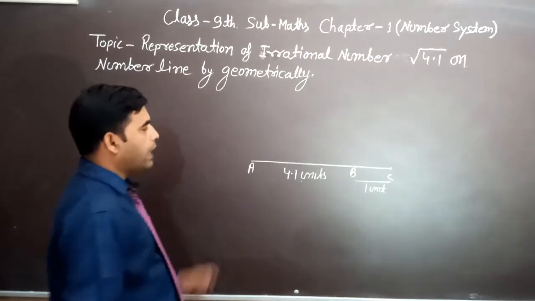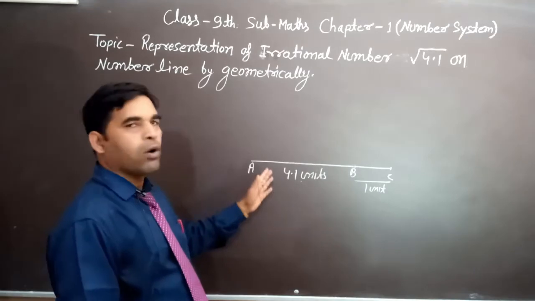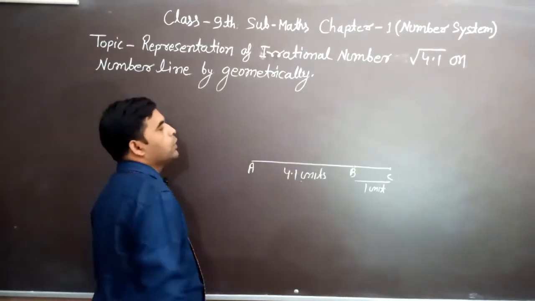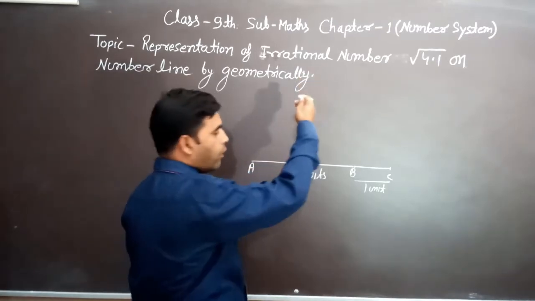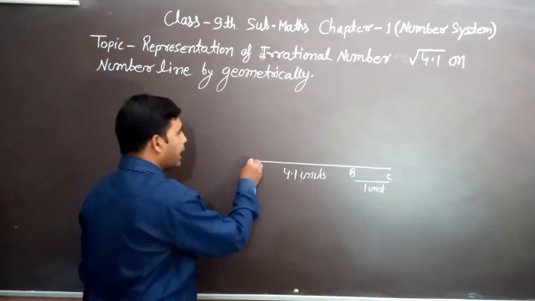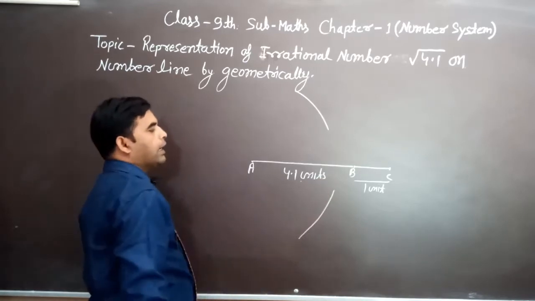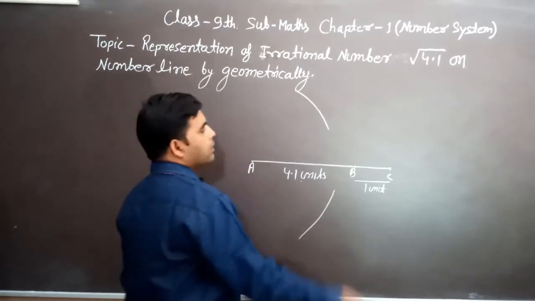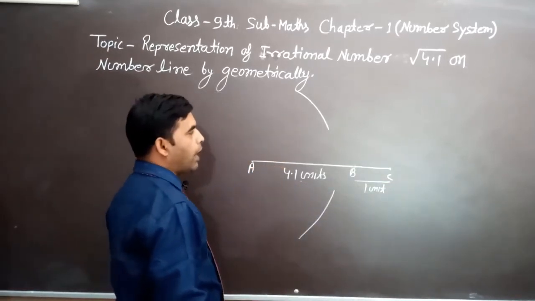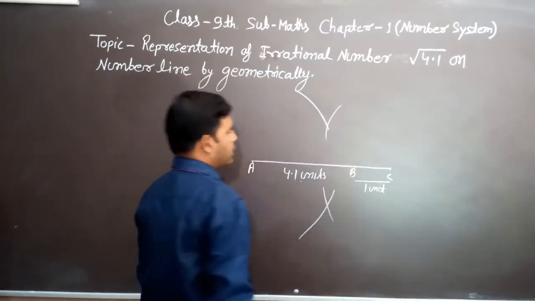For this, we take an arc in our compass whose length is just more than half of AC, and then we cut two arcs, one upside of AC and second downside of AC, with A as a center. Again with the same radius, but with C as a center, we cut two arcs which intersect the previous arcs at two distinct points.